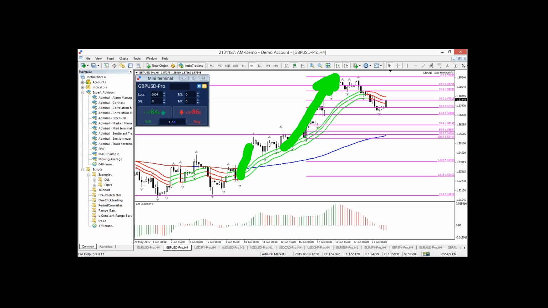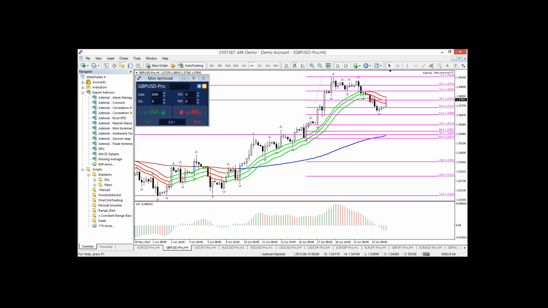When I'm looking at tops and bottoms, then I like to take a look at the candle close too. For instance, here's a top, and here we did not have really a candle close above it. Only here, that is something that I would like to see.